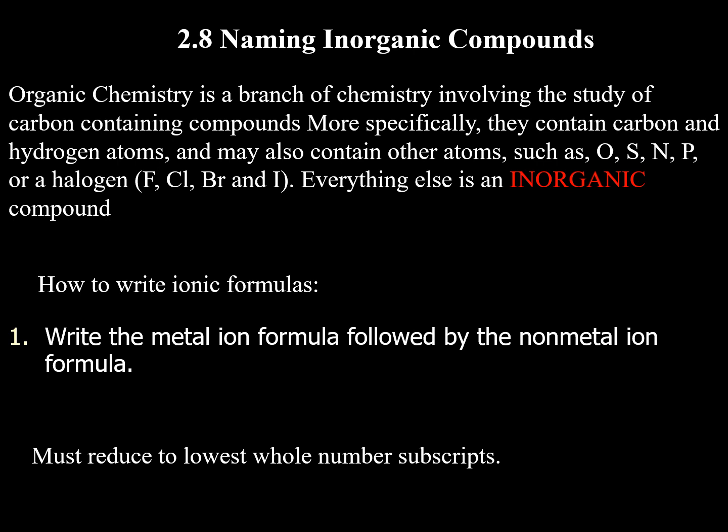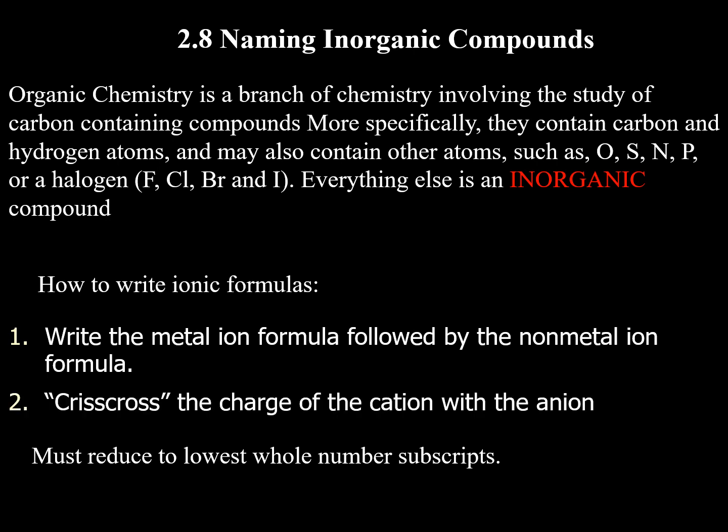So when we talk about ionic compounds, recall an ionic compound is a metal combining with a nonmetal. We will use the crisscross method. There are other methods to write formulas or name compounds in the textbook, but I think this is probably the most straightforward in my opinion.